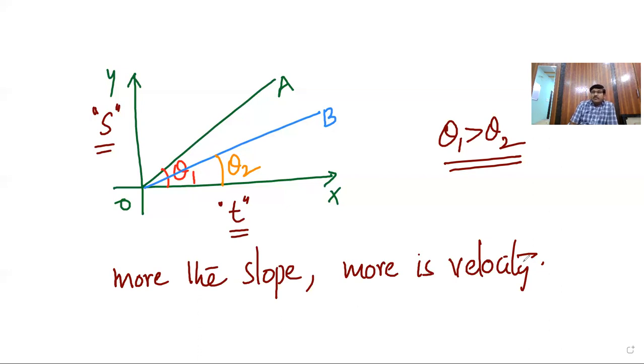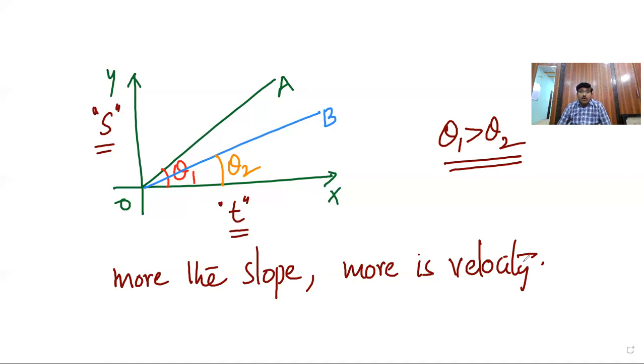OA line has more slope compared to the OB line, hence the more the slope, the more the velocity, because the slope of a displacement versus time graph is nothing but velocity.